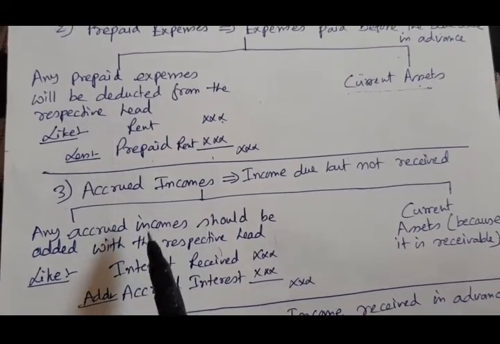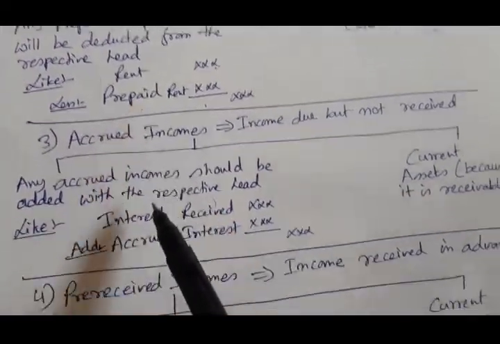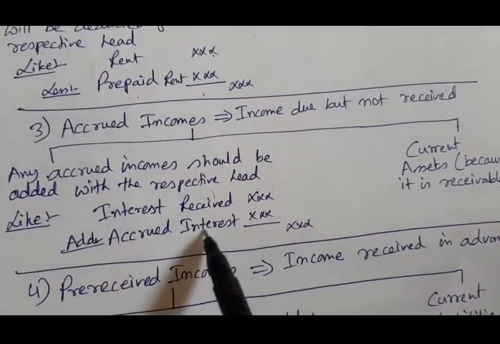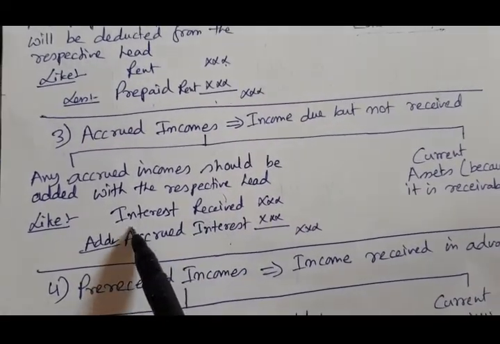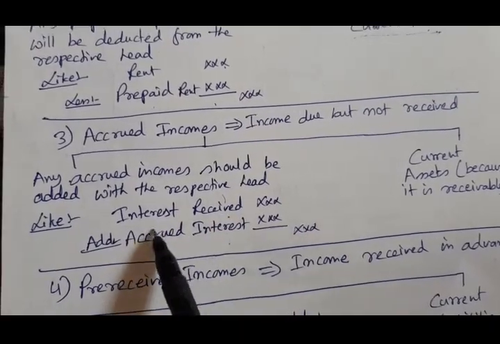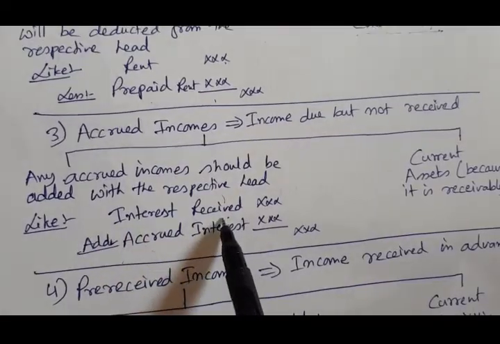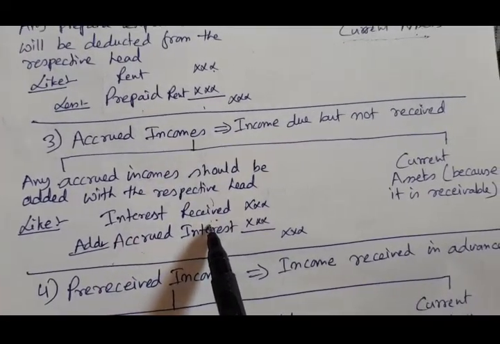Understood? The adjustment is the same. See, outstanding we have added with the respective head. Like that, this accrued also we will add with the respective head. Interest received is an item of profit and loss account. So in profit and loss account, we will add this accrued interest with the interest figure, on the credit side.